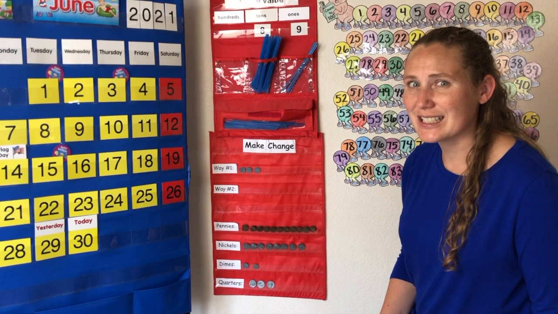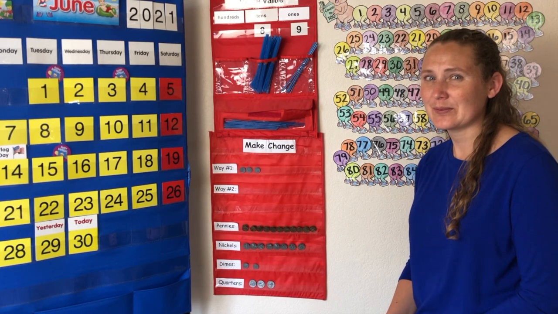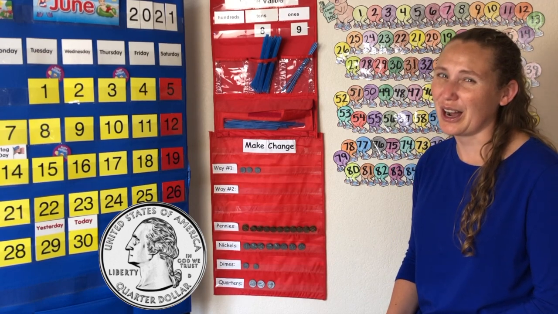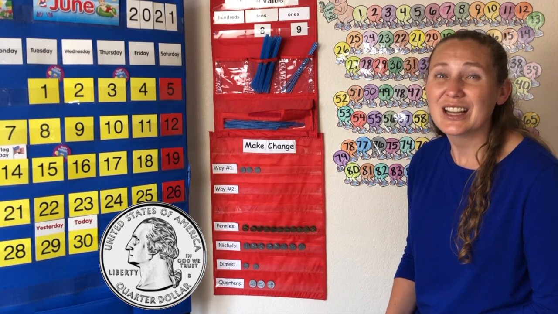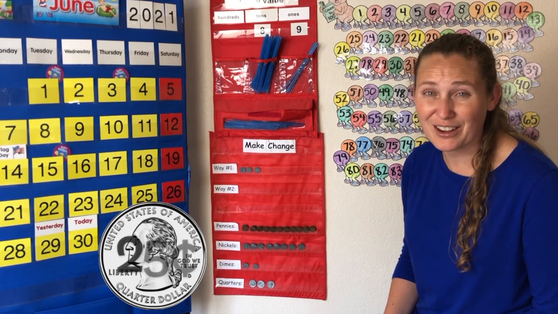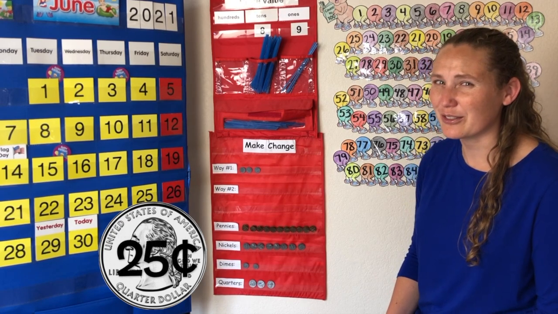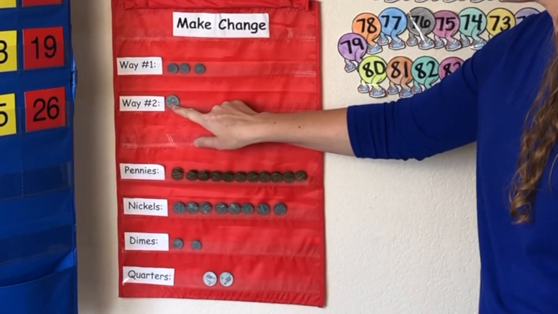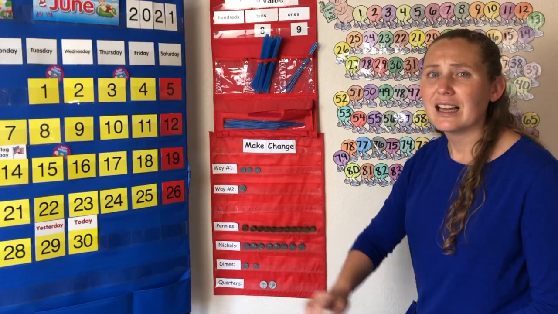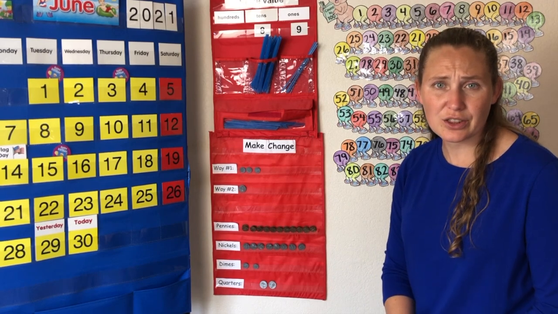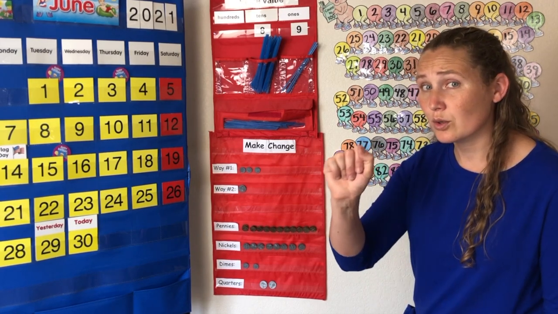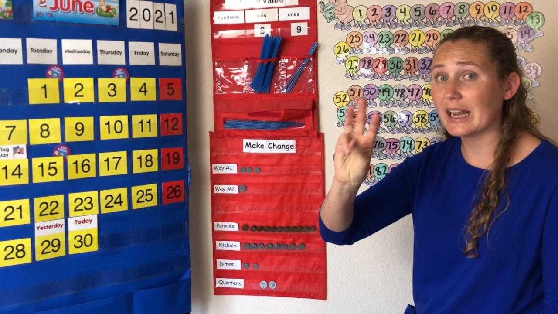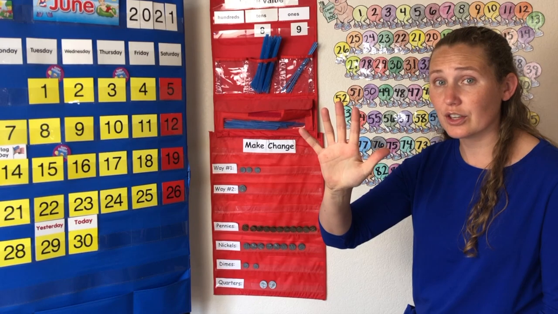Could we make 30 cents another way? Let's use a quarter. We don't get to use a quarter very often during calendar time. A quarter is worth 25 cents. Let's start with 25. How much more do we need to get to 30? 25, 26, 27, 28, 29, 30.